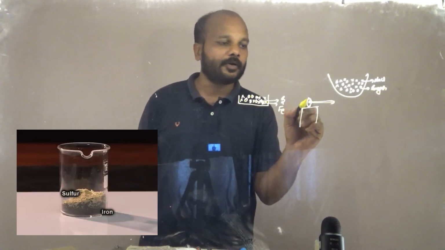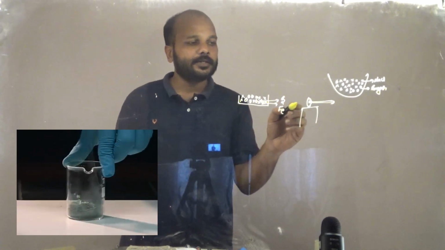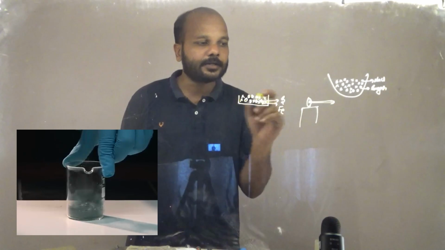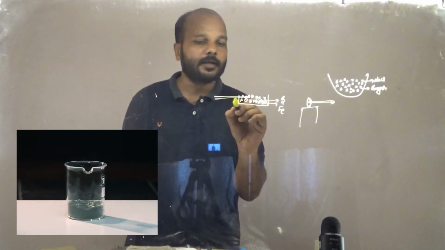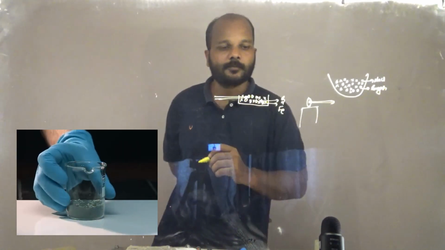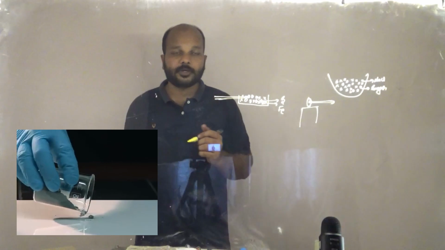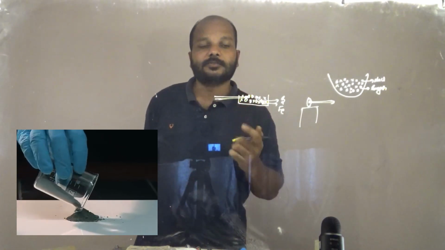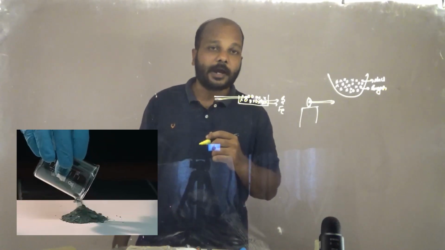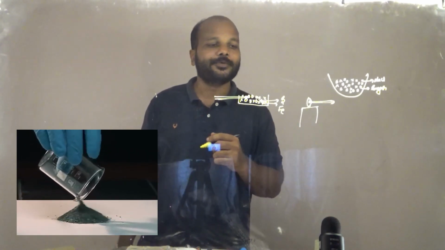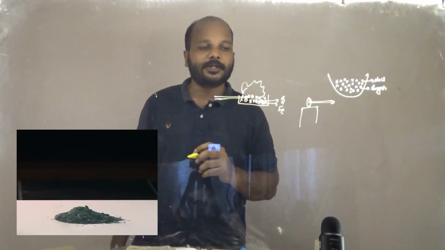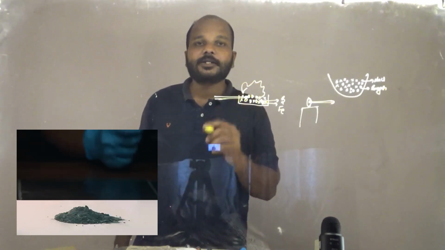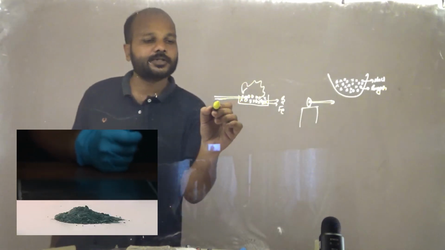If you put the heated rod into this mixture containing iron and sulfur, you can see a bright and intense light forming, and after some time you observe it.